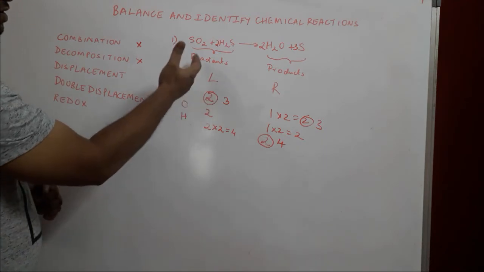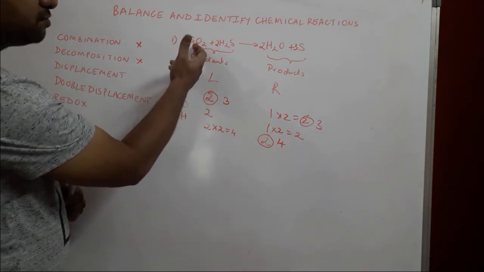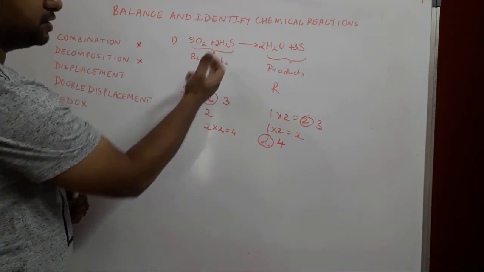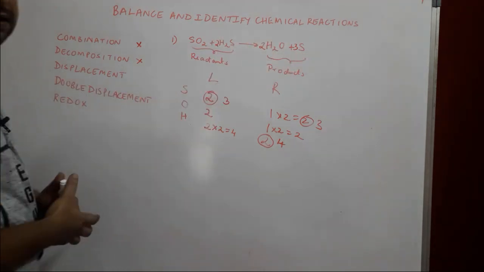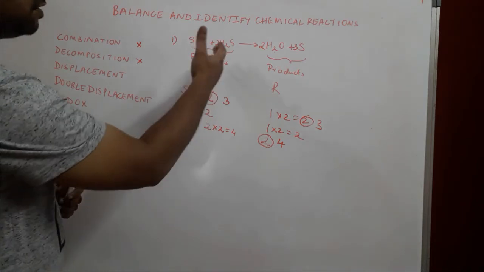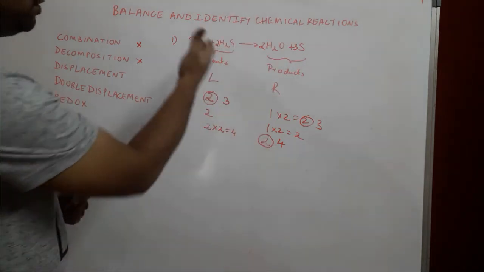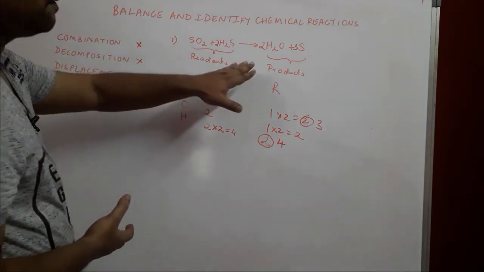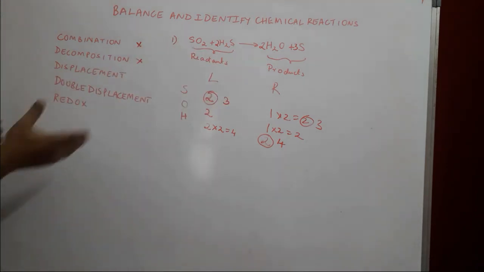There's only oxygen moving from sulfur to hydrogen. Sulfur remains by itself, so there is no other metal getting displaced. There's only one sulfur, if you can call it a metal. So we don't have 2 metals over here displacing each other.